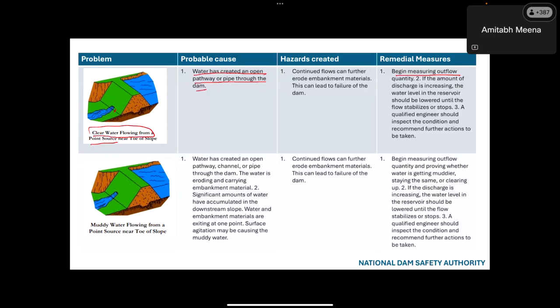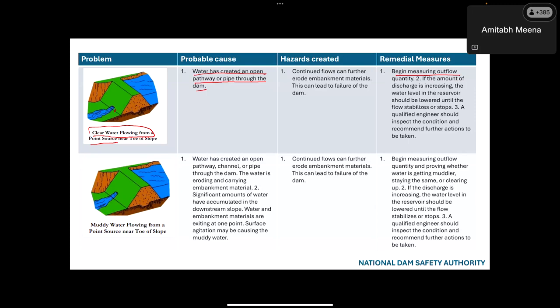We should not wait for anything further, because this piping is a very serious issue, and it can collapse the dam very quickly. If the amount of discharge is increasing, the water level in the reservoir should be lowered until the flow stabilizes or stops.